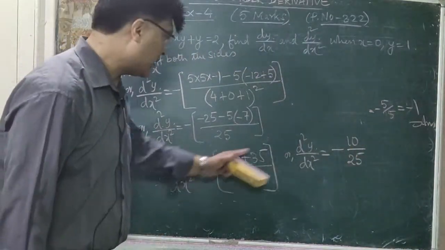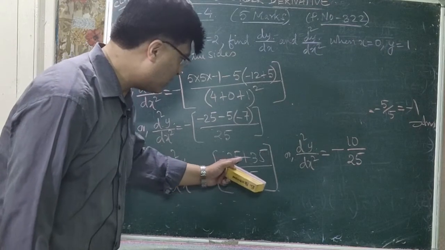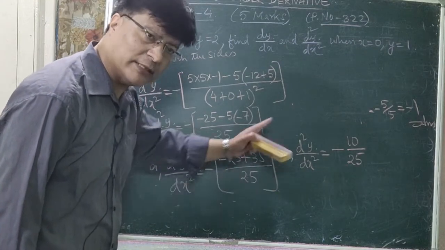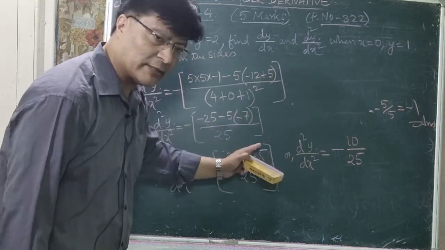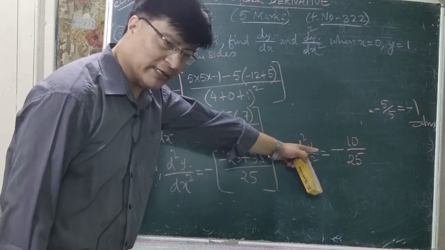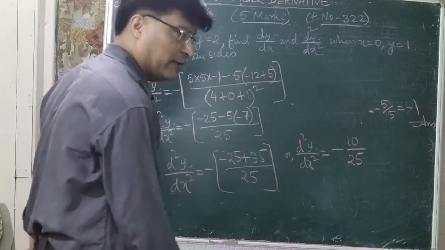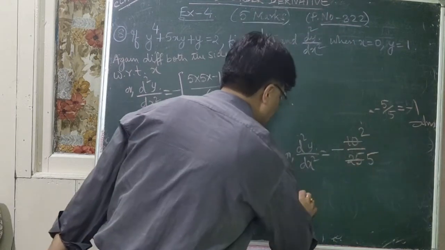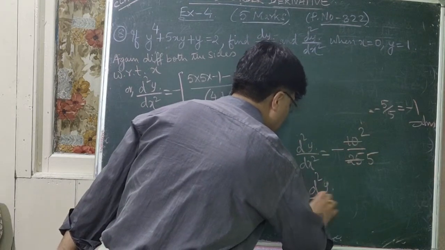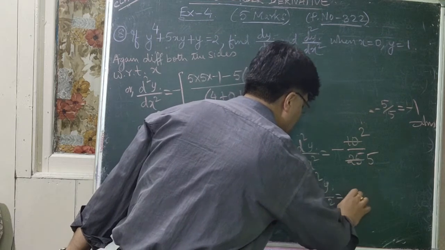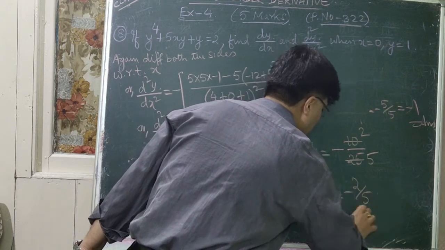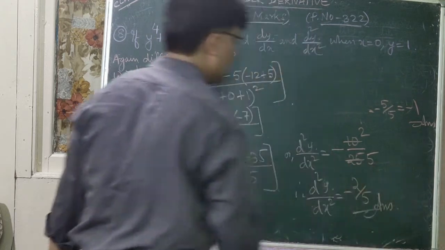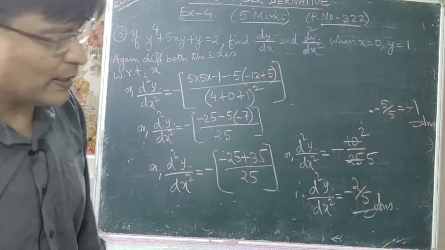Okay, so minus sign is there. So it is minus 25 plus 35, different signs, you have to subtract, that is 10, and write down the sign of the greater number, that is plus sign. So plus and minus is minus, divided by 25. So 5 2s are 10, 5 5s are 25. That means d2y by dx square is equal to minus 2 by 5. This is the answer for d2y by dx square.